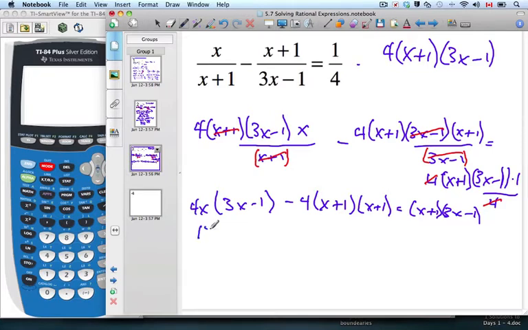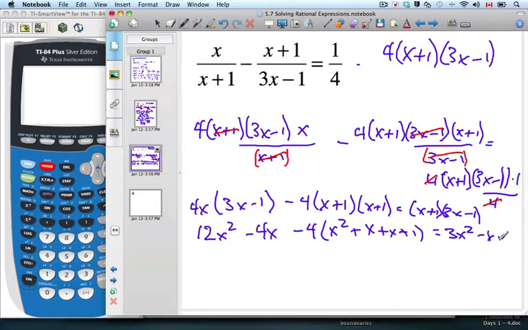We'll keep on going here. 12x squared minus 4x minus 4 times (x squared plus x plus x plus 1) equals 3x squared minus x plus 3x minus 1. Oh, that's a bit of a mess there. Let's be careful on that.